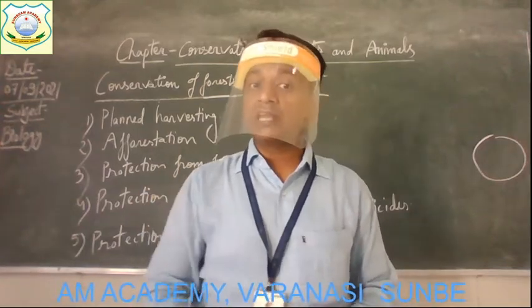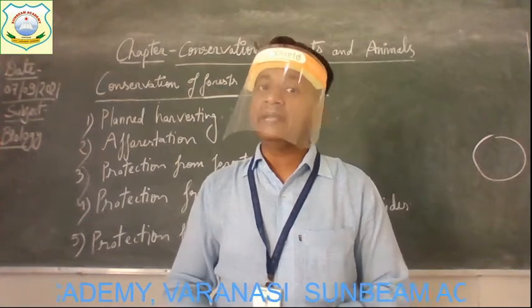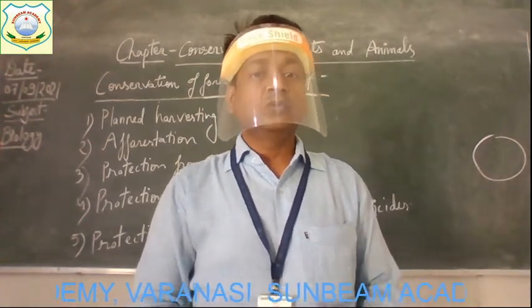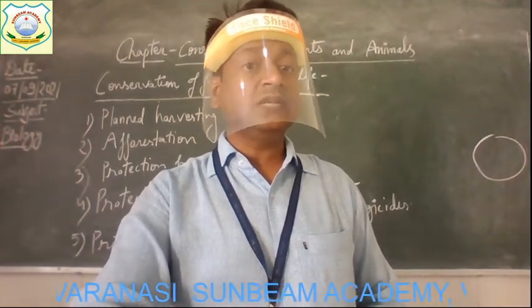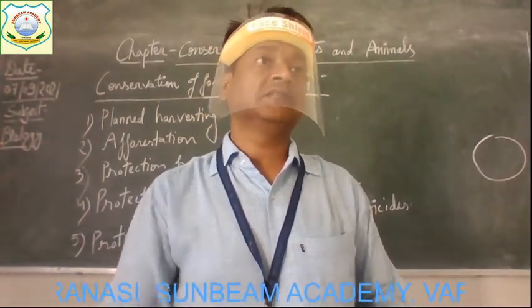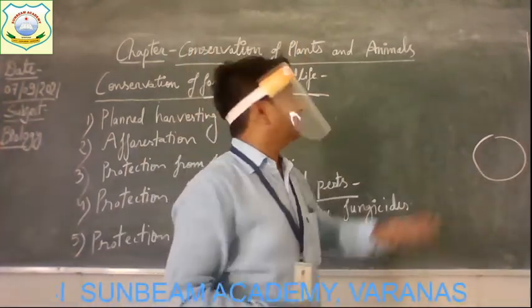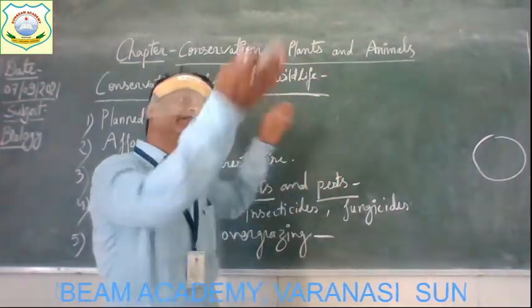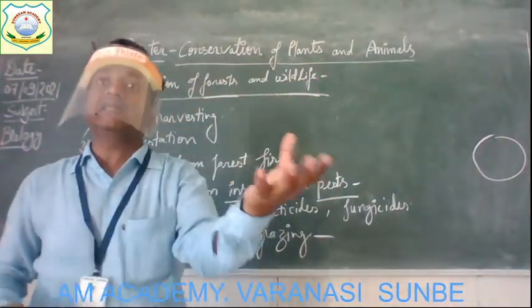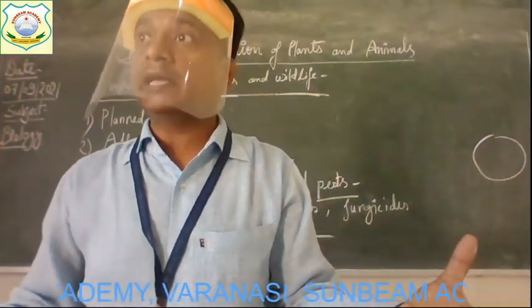And when a forest is destroyed, a large number of animals become extinct or endangered. So, to conserve the habitat of endangered animals, it is necessary to protect the forest. What is necessary? If we want to protect our wild animals, we must protect the forest, because the forest will provide them a home to live in and food to eat.